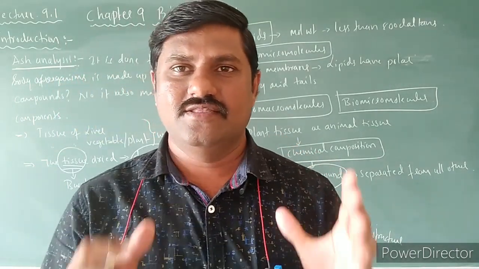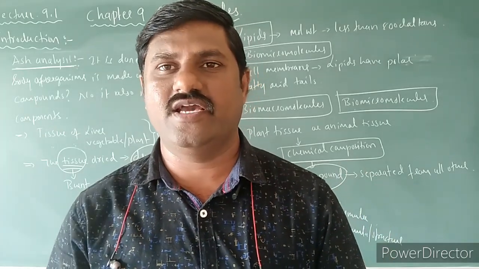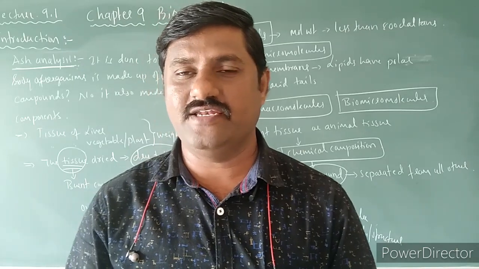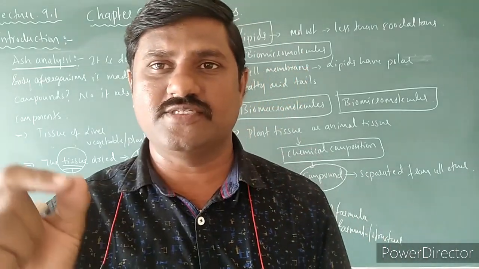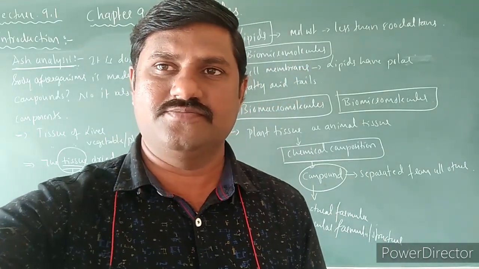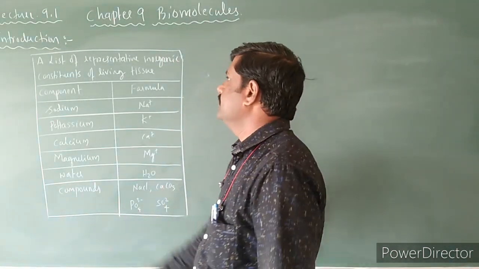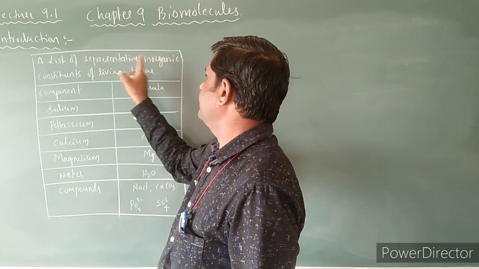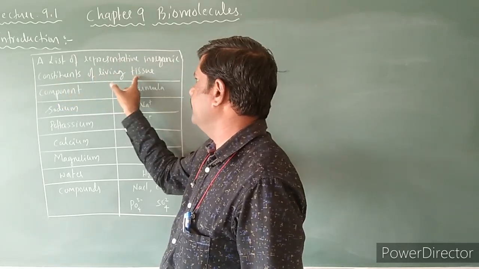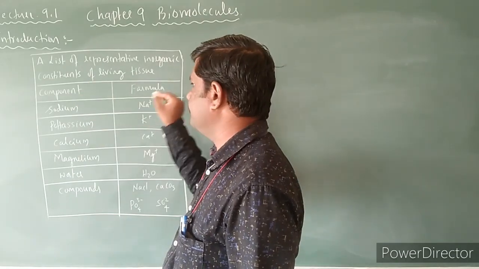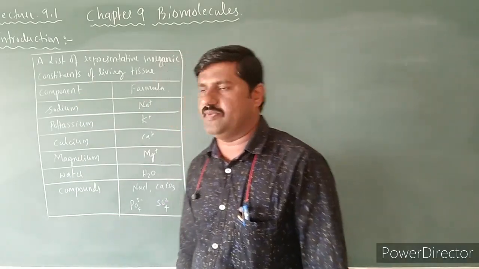So let us see the list of inorganic components present in respective organisms, right? Let us see the list given in NCERT first. Yes, let us see the table now. A list of representative inorganic constituents of living tissues. See here, the major components as well as formulas are given in this table.